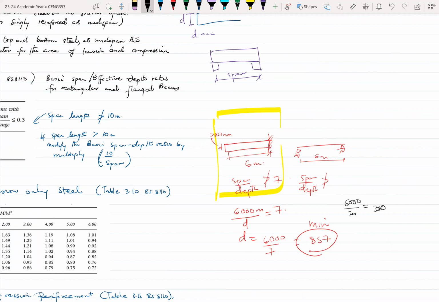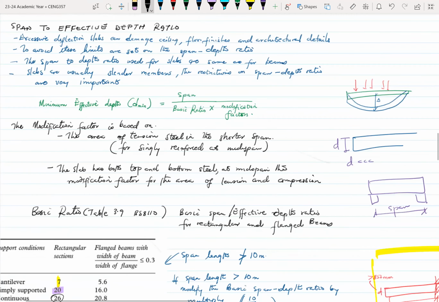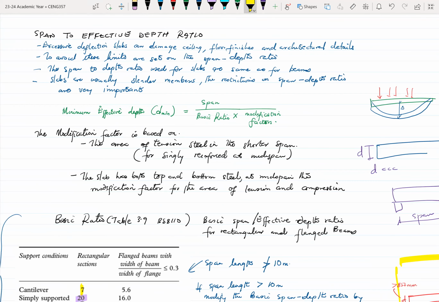So again, you can see that depending on the support conditions, your span to effective depth can also vary. There is a more elaborate approach which we use, and this is the equation for that.